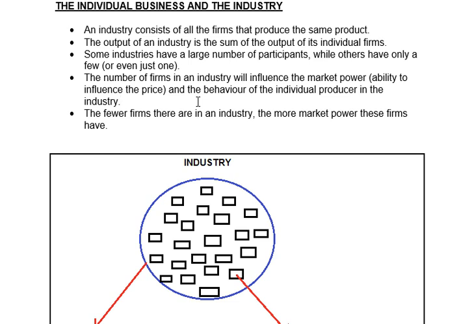Whether a firm has market power or not depends on the number of firms that exist in that industry. The general rule of thumb is that the fewer producers there are in an industry, the more market power those firms will have.